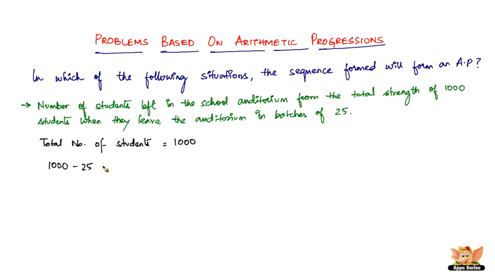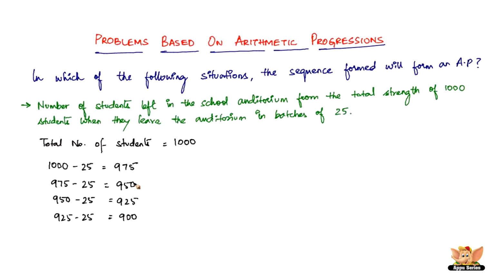So that's the first thing, right? You've got only 975 of them left. Then again from 975, another 25 will leave, which leaves you with 950. Again from 950, 25 will leave, leaving you with 925. Now from 925, 25 will leave, so that will make it 900.